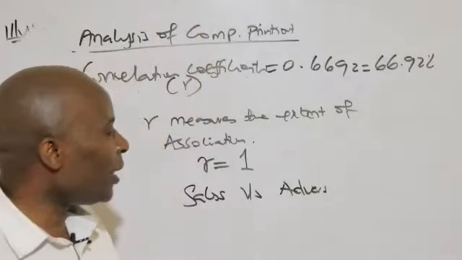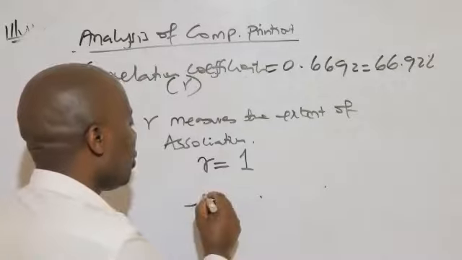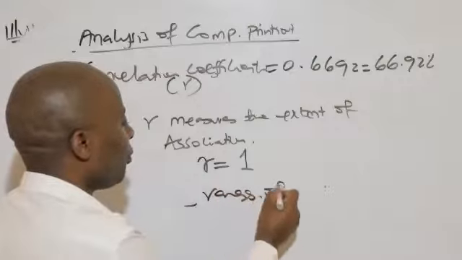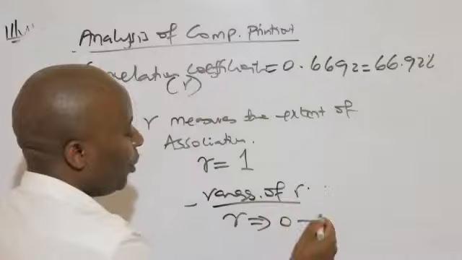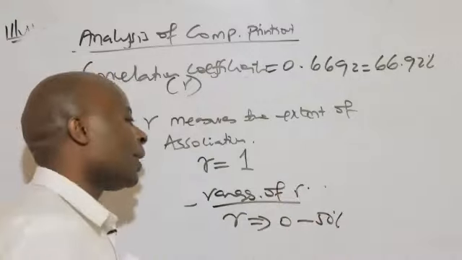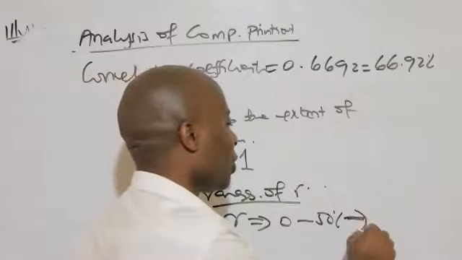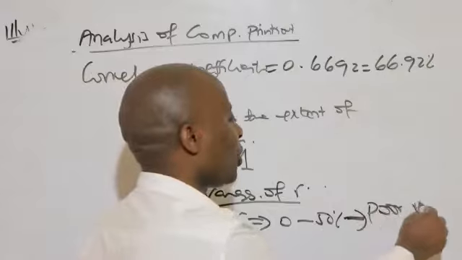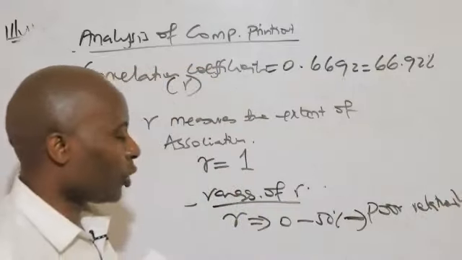So ladies and gentlemen, whenever we have our R, remember the ranges of our R. When R falls between 0 all the way up to, but less than, 50%, this is a poor relationship.